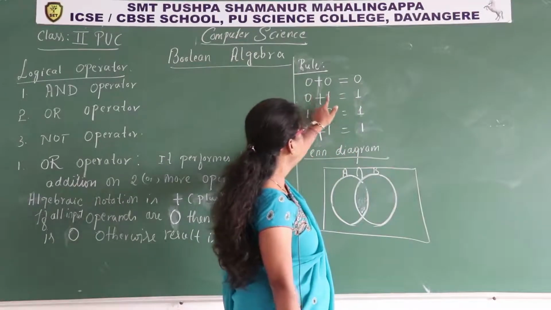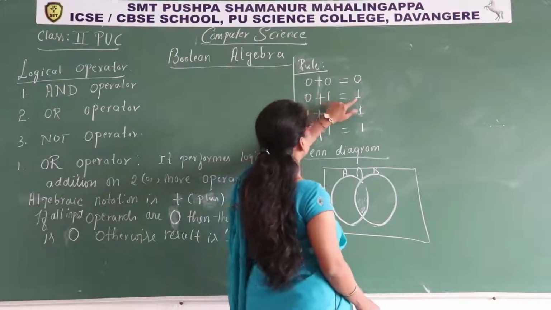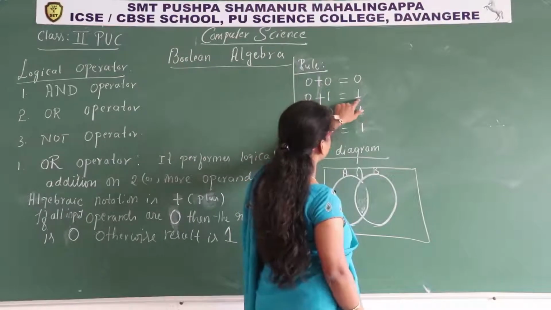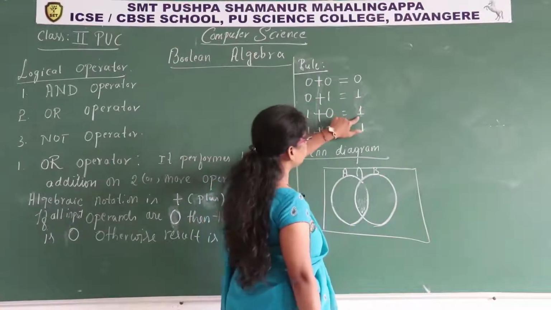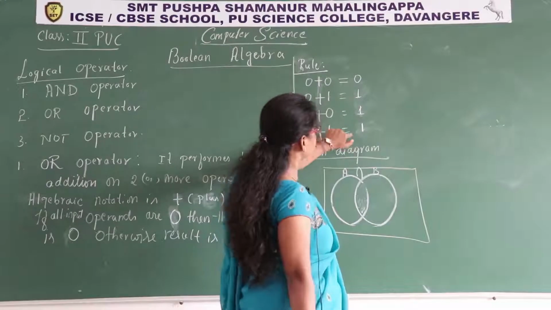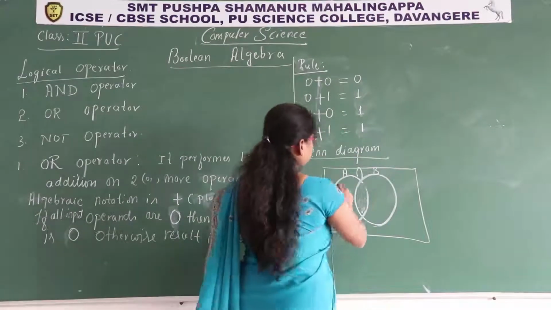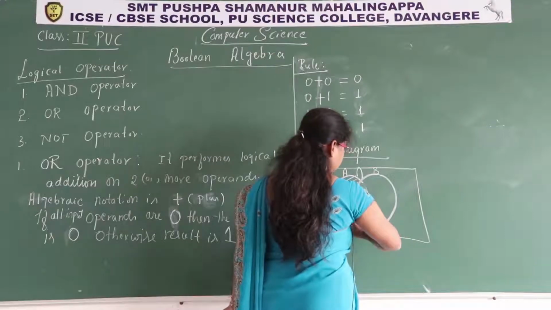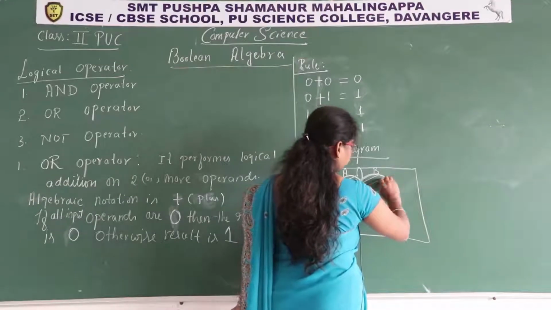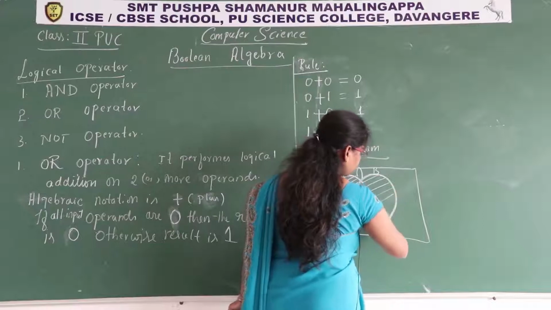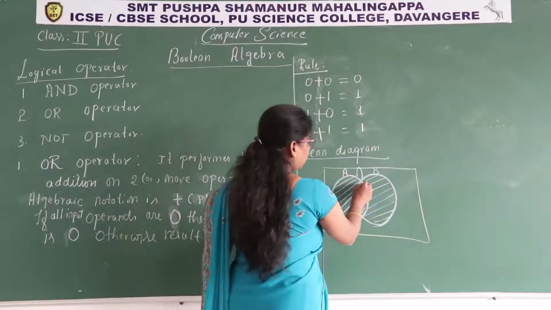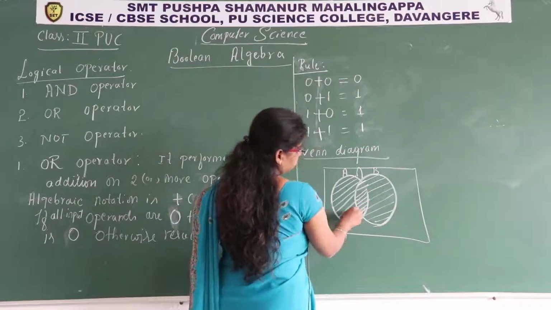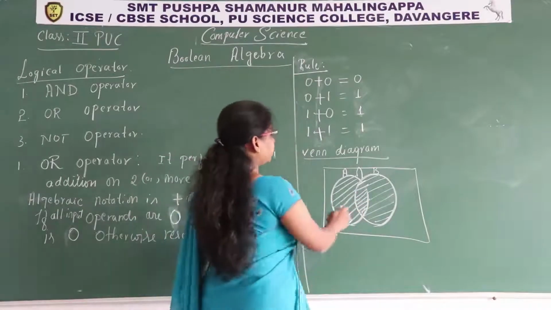If A is high, or if B is high, then the output is high. If both are high, then the output is high. If either set has 1, the output is high, or in combination. So this is the union.